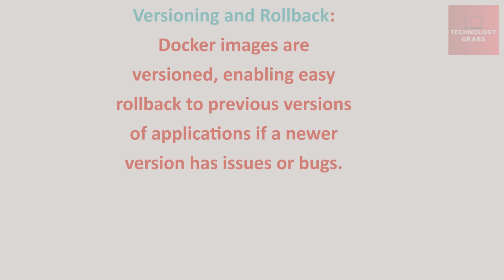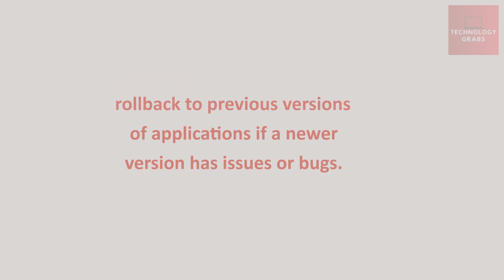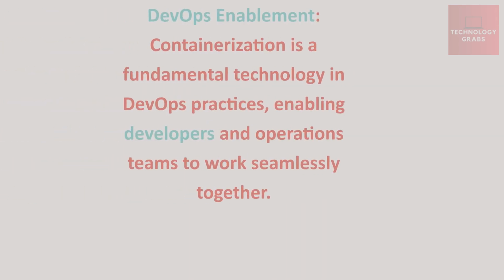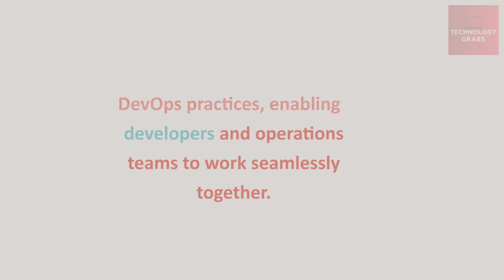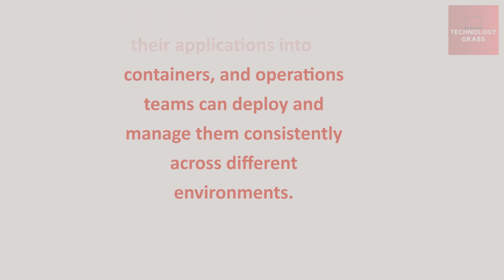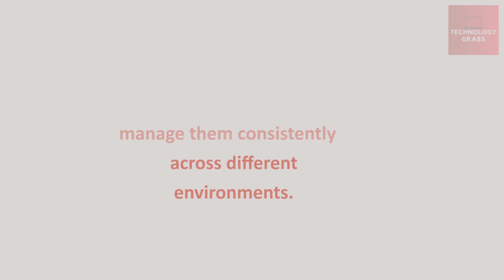Docker images are versioned, enabling easy rollback to previous versions of applications if a newer version has issues or bugs. DevOps enablement. Containerization is a fundamental technology in DevOps practices, enabling developers and operations teams to work seamlessly together. Developers can package their applications into containers, and operations teams can deploy and manage them consistently across different environments.